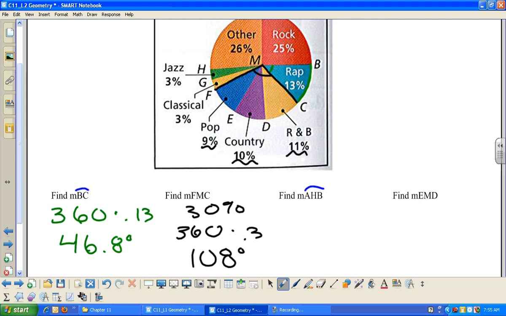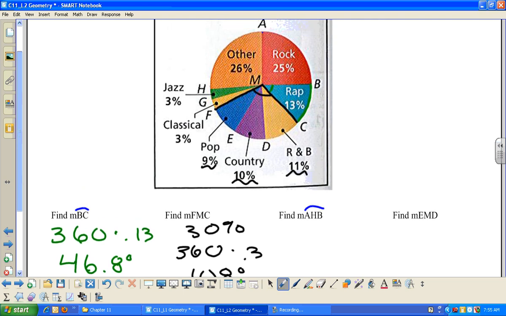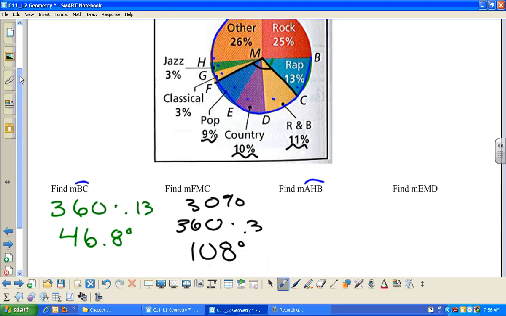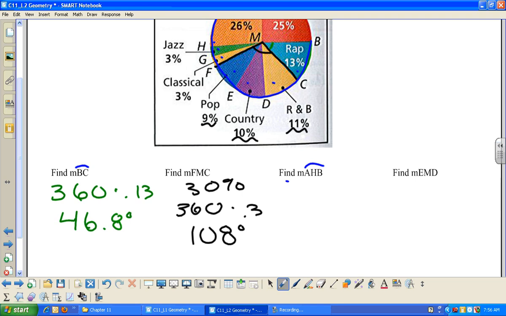If I'm looking for arc AHB, I start at A, go towards H, and follow through to B. I could add up all of these percentages, but I notice that the only thing AHB does not go around is 25%. So the percentage of AHB would be 75%.